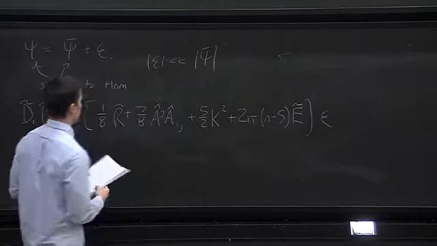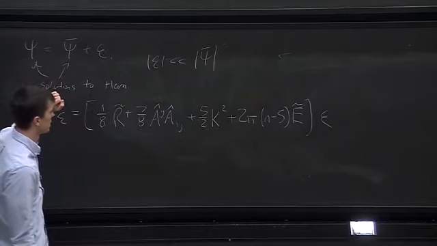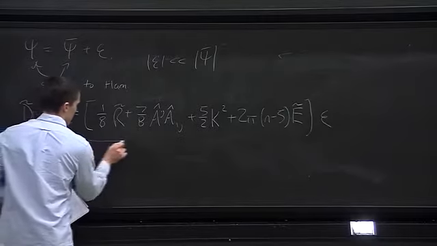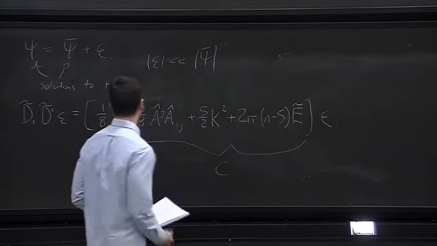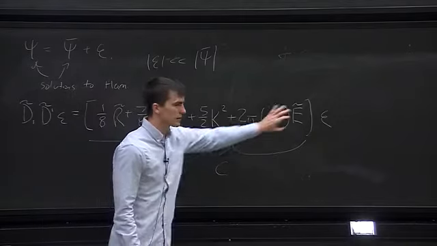The psi and the psi bars disappear because they're just solutions to the equation already. So we just get this in terms of epsilon. And we're going to call this whole coefficient C. So we just have Laplacian of epsilon equals this C times epsilon.